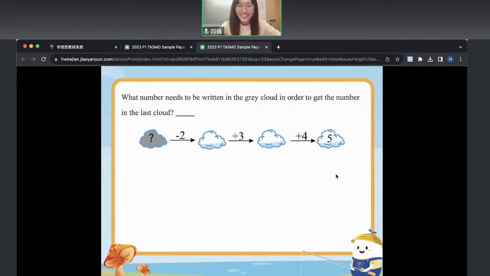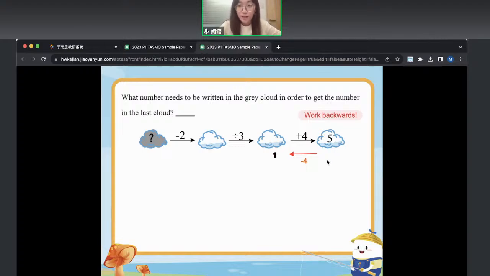So here, you see, usually for such a question, we draw the diagram from left to right. But when it comes to calculation, you need to calculate backwards. That is, we start from the last one, and do remember to change the sign. Originally, it was something plus 4 equals 5. So if you want to think backwards, it should be 5 minus 4. 5 minus 4 equals 1.